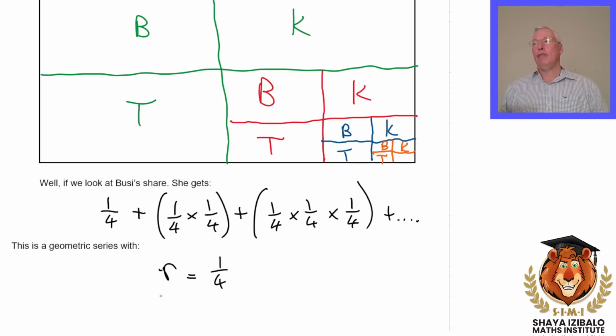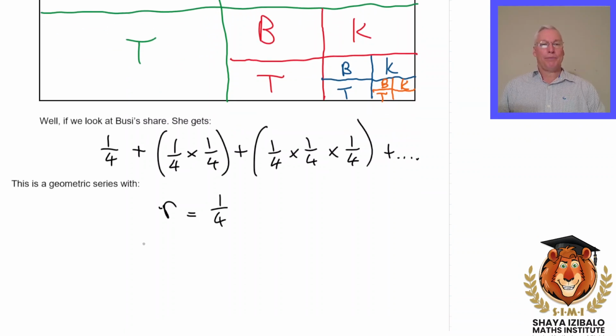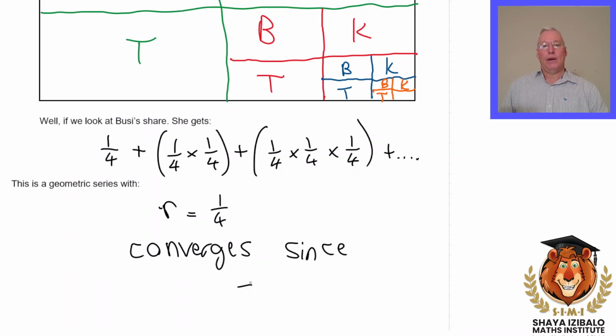Will it converge? In other words, will Busi's share approach some fixed number, or will it get bigger and bigger and bigger? No, it will converge. When do we get convergence? When r is between -1 and 1. So it converges since r is between -1 and 1. And now, what do we know?